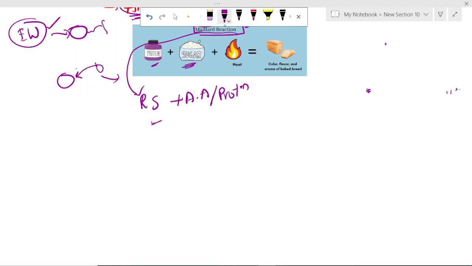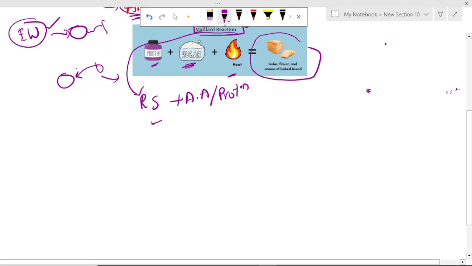When exposed to heat, it is responsible for browning or flavor development in various cooked foods, such as bread crust, roasted coffee beans, or grilled meat.